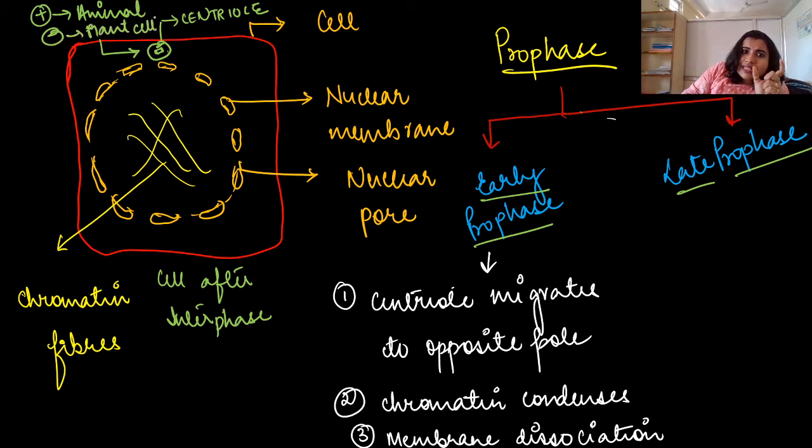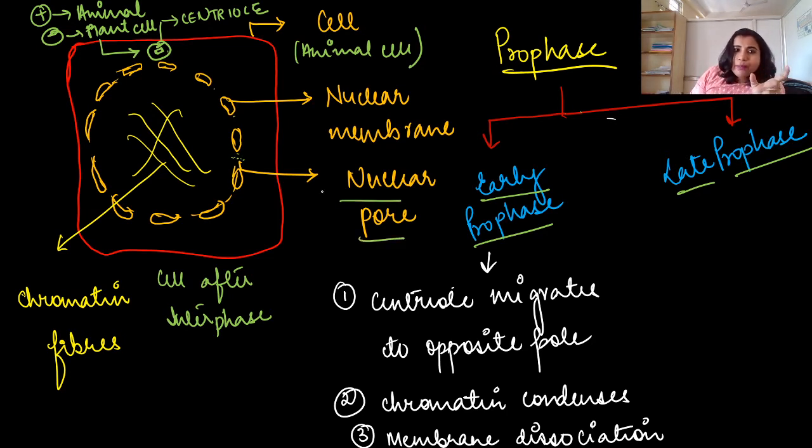So as this is present, we can say that this cell is an animal cell, right? And this is your chromatin, thread-like structures, and these are basically the nuclear membrane. This nuclear membrane is your double membrane, right? And there are certain pores here. These pores we call nuclear pores, right?